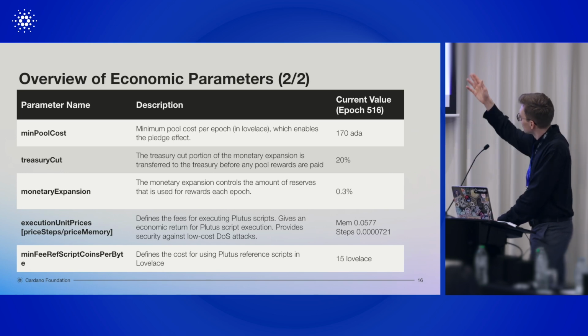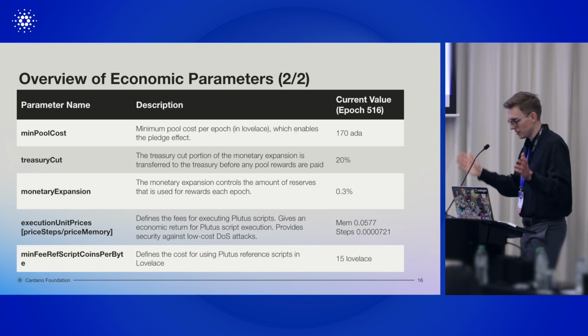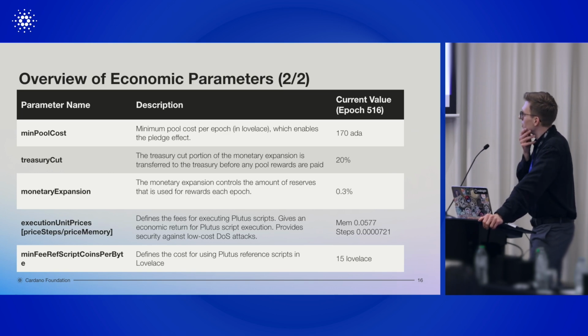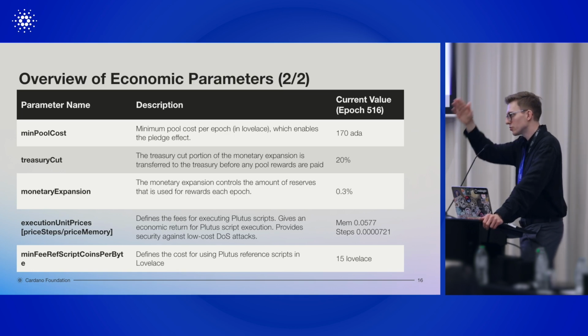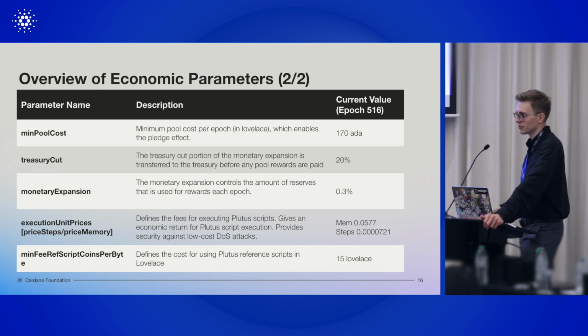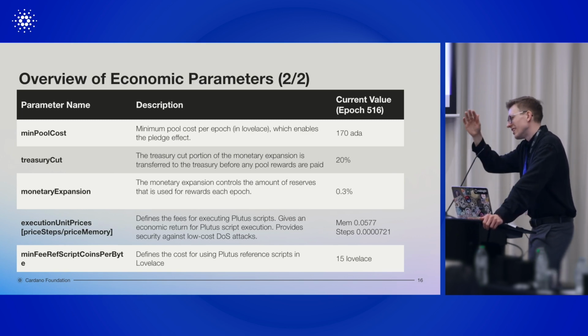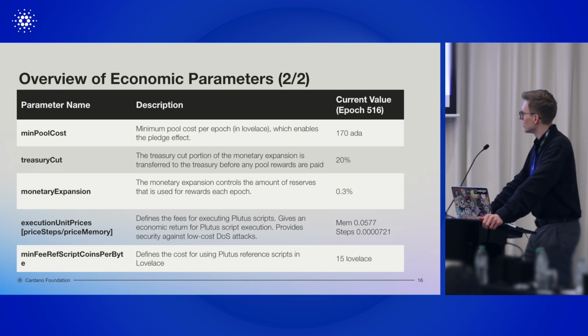And then ideally, and per the parameter, the reality is a bit different, it's not exactly 20%, but 20% of this big bucket goes to the treasury, and 80% should, and ideally does, go to the stake pool operators and the delegators. This is something that's very important to understand how this works. As we have a 0.3% outflow in the reserves, we have a decline in the reserves, so eventually they will deplete. Also something to keep in mind. I mean, they will never really deplete, I know, but let's just say they will be near zero eventually.